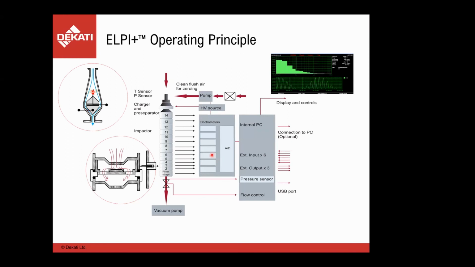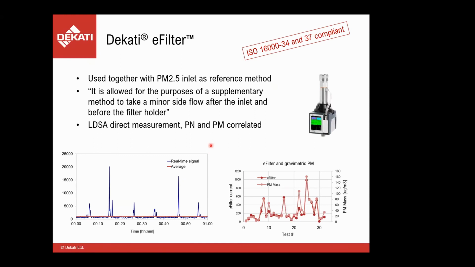Other methods: this Dekati E-filter can be used with a PM2.5 inlet, in which case it's then the reference method for the ISO 16000 part 37 for the PM2.5 measurements.